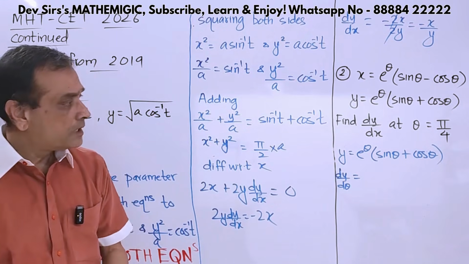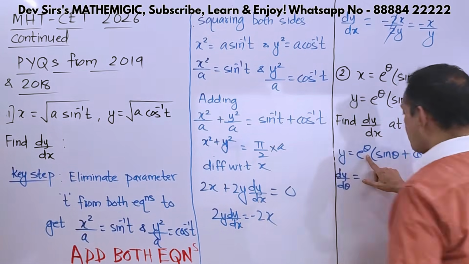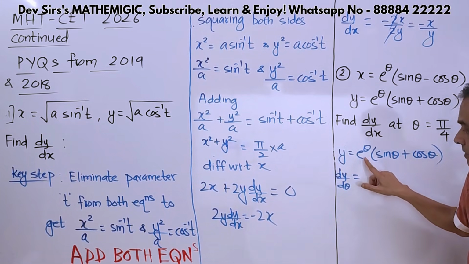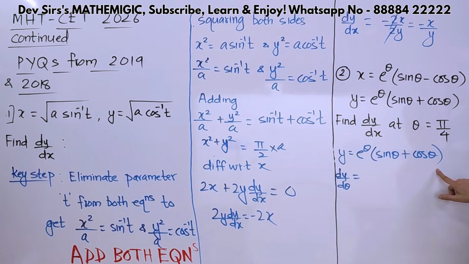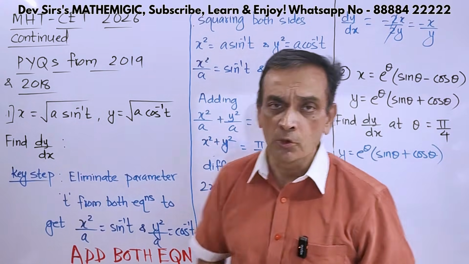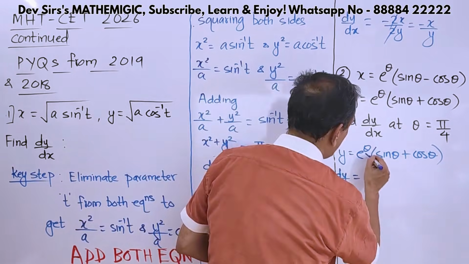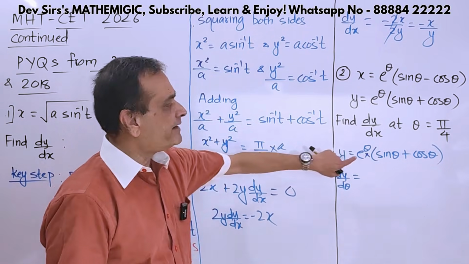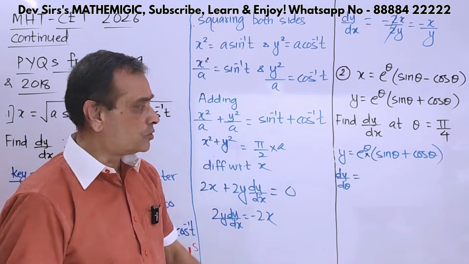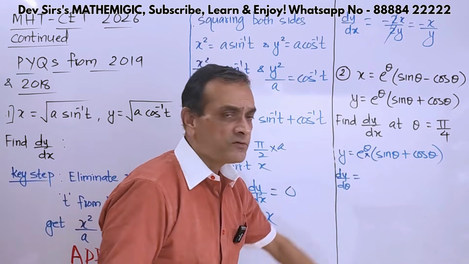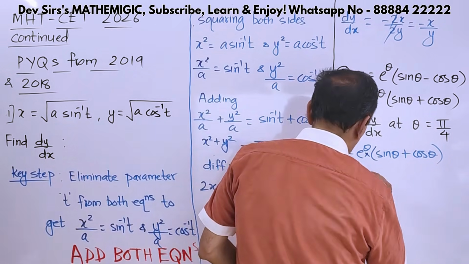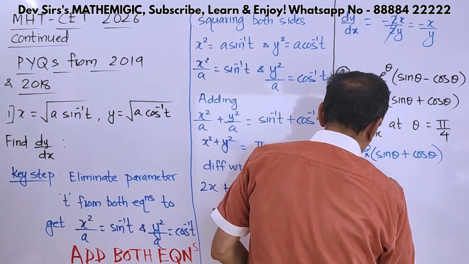Now, you have a multiplication sign here. So first function derivative of second plus second function derivative of first, our favorite product rule. If you have a multiplication sign here, then don't say derivative of this plus derivative of this. No, first function derivative of second. See how I write. First function e raised to theta.